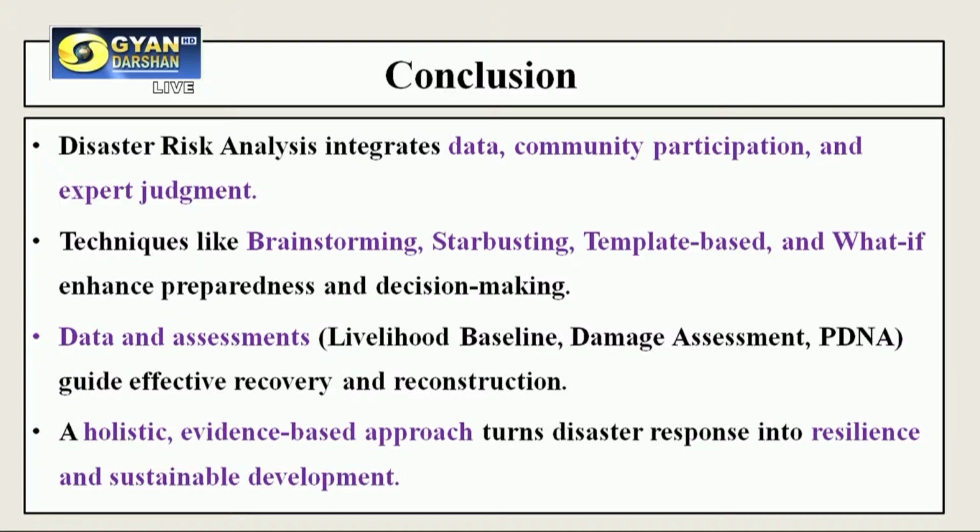So disaster risk analysis is a comprehensive process that brings together data, community knowledge, and expert analysis. Throughout the session we have seen various techniques that operate at various levels: at the community level, brainstorming and star busting; at the institutional level, the template based method and the what if method; and for data, data based assessment and post disaster assessment.